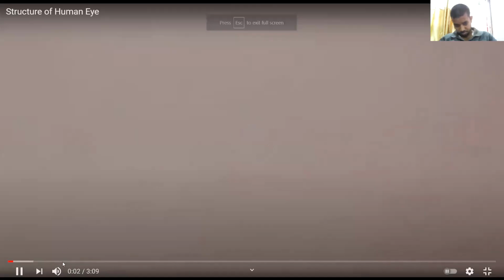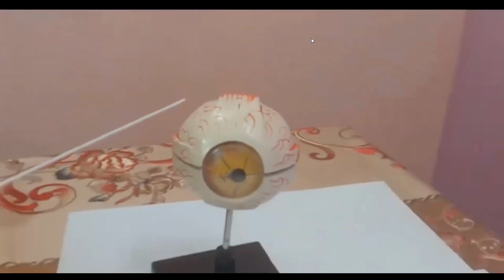The human eye is the most valuable and sensitive sense organ which uses refraction of light and enables us to visualize the objects and their colors around us. It consists of an eyeball, approximately spherical in shape, of diameter 2.3 centimeter. This is the model of the human eye.